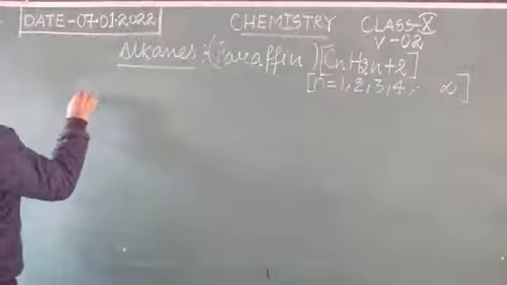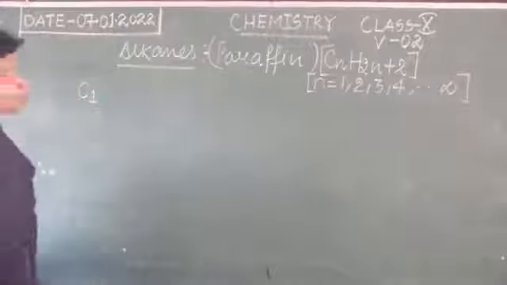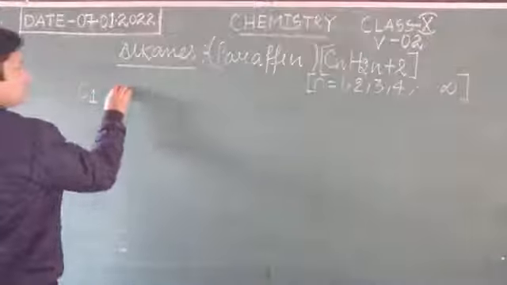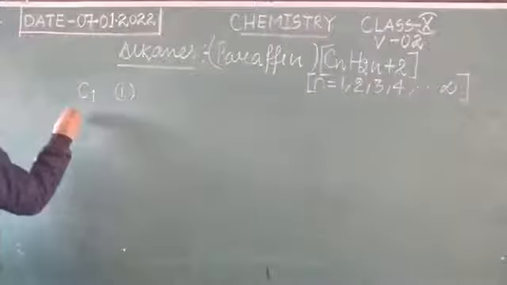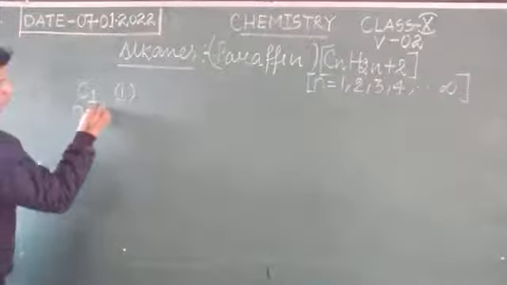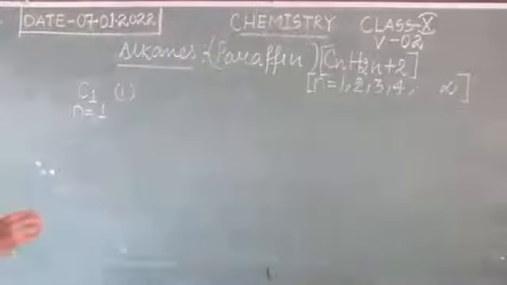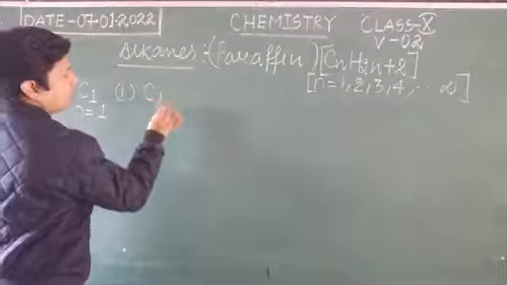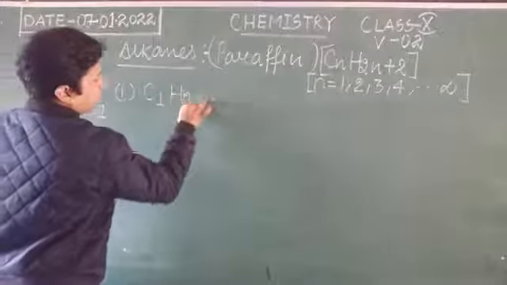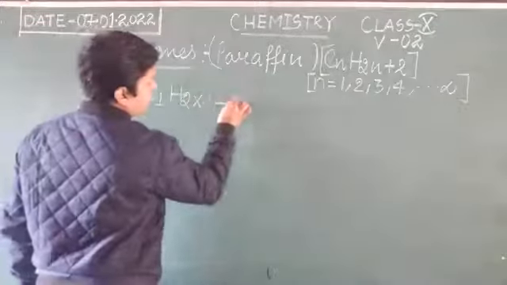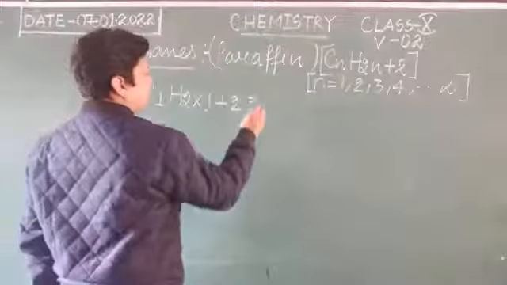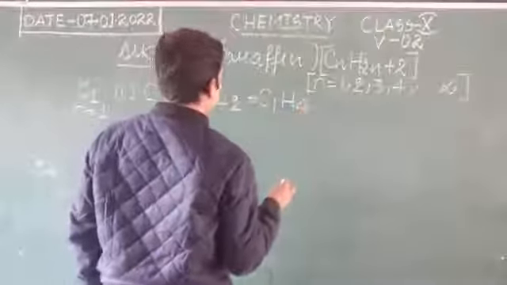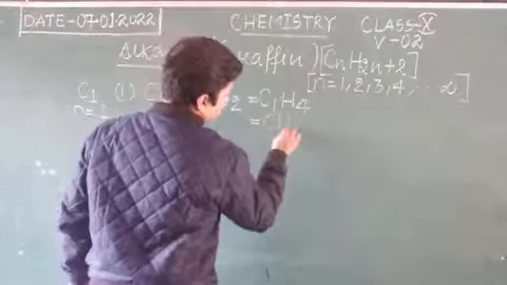Now, the first member of alkane starts with a single carbon. So here the value of n becomes 1. When we put it in the formula, we get C1H(2 into 1 plus 2), and it becomes CH4.